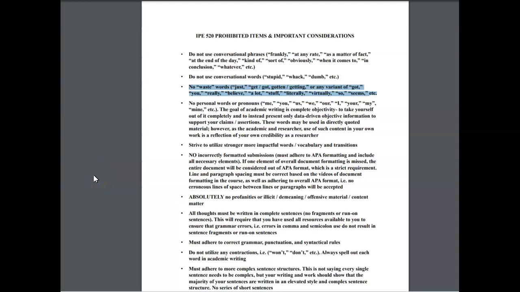They are indicative of writing as if speaking aloud. Examples are just, any version of get, got, gotten, getting, any variant of got, really, believe, a lot, stuff, even, really, virtually, literally, so, seems, etc.